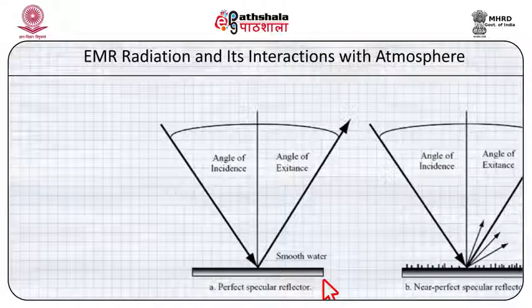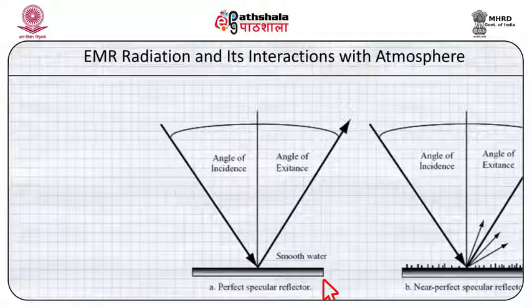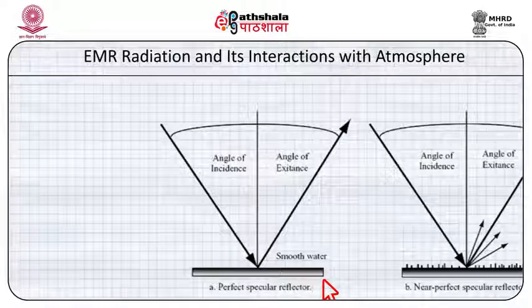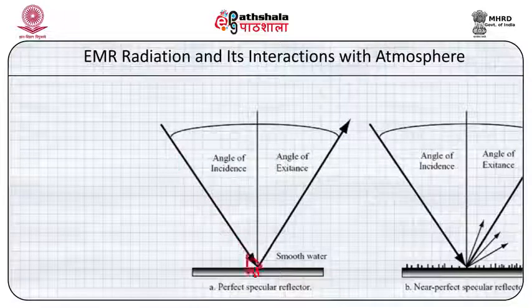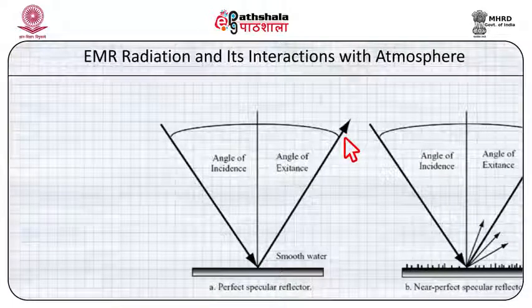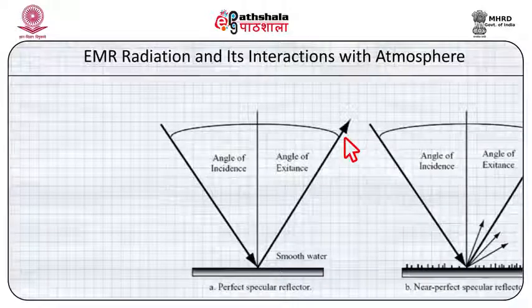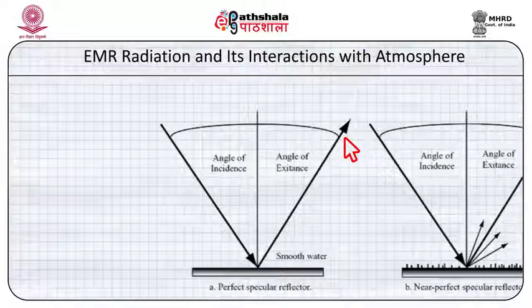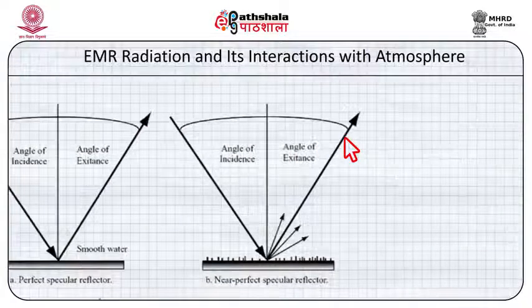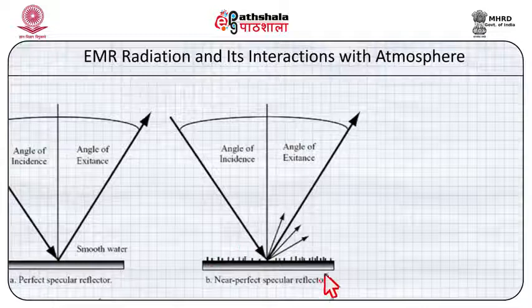On the natural surface of the earth, the smooth surface that we can take is water, the surface of water, which is quite smooth. So if you see this, the angle of incidence will be the same as the angle of reflection. On a smooth surface, if the angle of incidence of the sun's energy is 45 degrees, 35 degrees or 55 degrees, the angle of reflection will be the same. That we call a perfect specular reflector. Figure 4b shows a near perfect specular surface, like the grasses which I showed you.